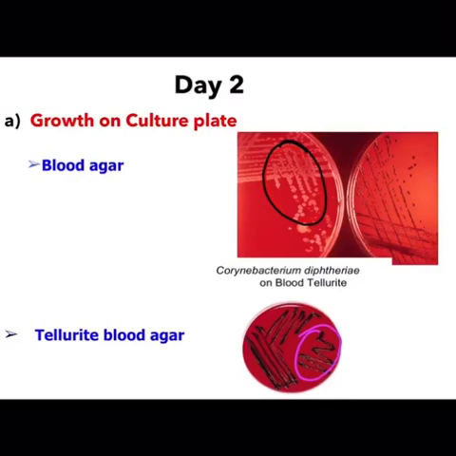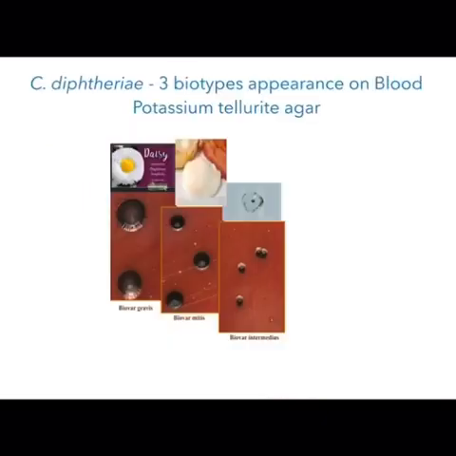This is because potassium tellurite reduces to tellurium, and the colonies have a blackish color. There are three biotypes on this potassium tellurite blood agar.